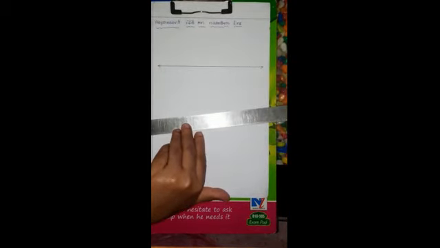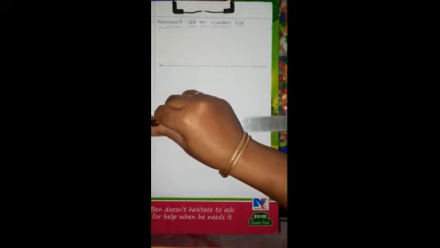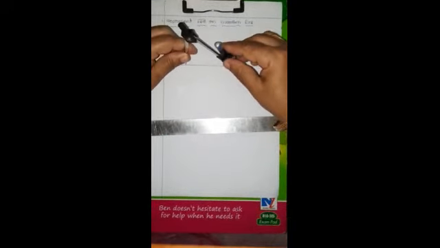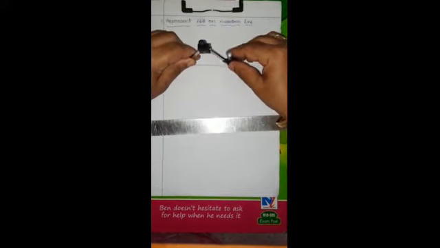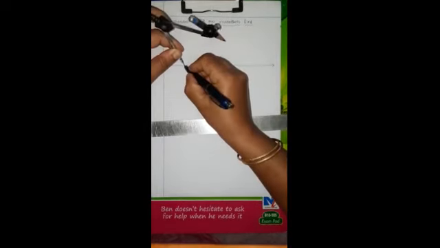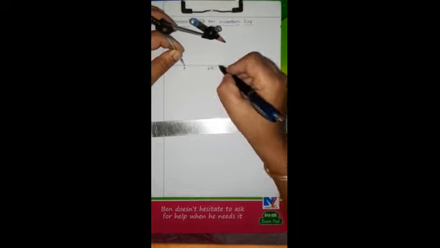Now, on this number line, take 6.8 unit, or you can take 6.8 centimeter line segment on this number line. This is B, let this as A, and this length is 6.8 unit.